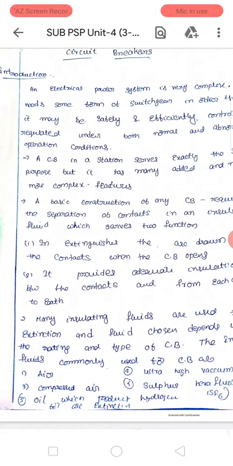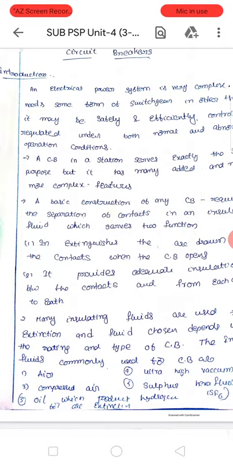Second one is insulation between the contacts, and each contact to earth. Insulation is very important because an arc will be generated at the time of abnormal conditions. So these two functions are very important in the construction of any circuit breaker.